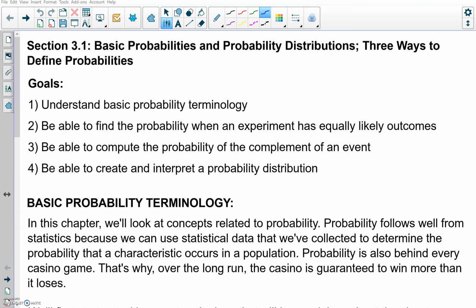There's a lot of things that you did in statistics that could be used in probability or rebranded for probability. One of them is the proportion concept. When you find proportions, like we found the sample proportion, population proportion in the statistics side, basically what you're doing there is you're finding the probability of either your population or your sample of having a certain characteristic.